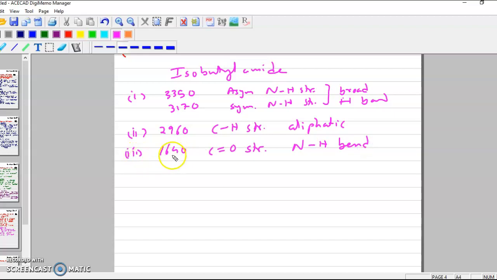So these two will overlap and form a broad band. The next will be at 1425 centimeter inverse. It is because of C single bond N stretching, and the last one appears at 700 to 600, NH out of plane wagging. So this way we come to know which compound is present from the given data.